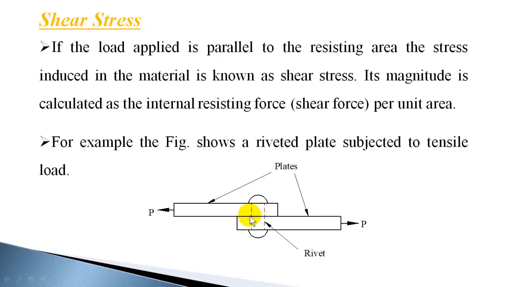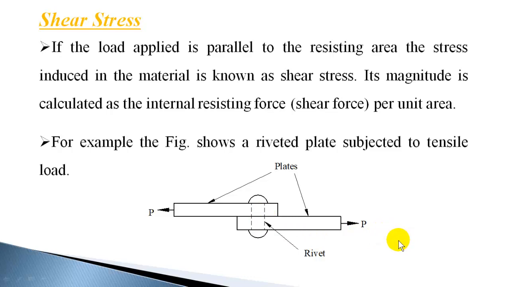So the rivet cross section is resisting these shearing forces, and you can find the shear stress as force P divided by the area which resists that load. It is pi by 4 d square, where d is the diameter of the rivet.